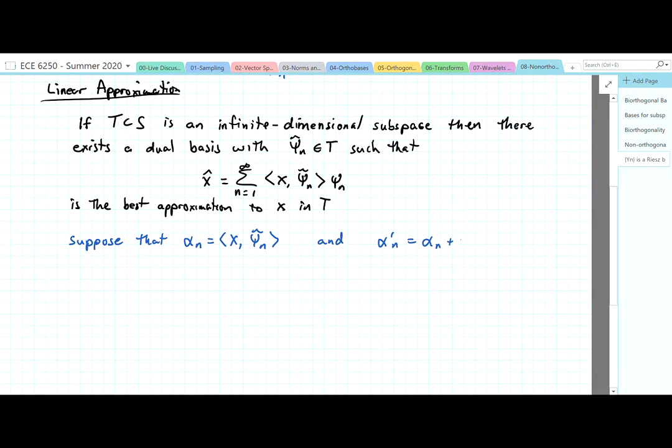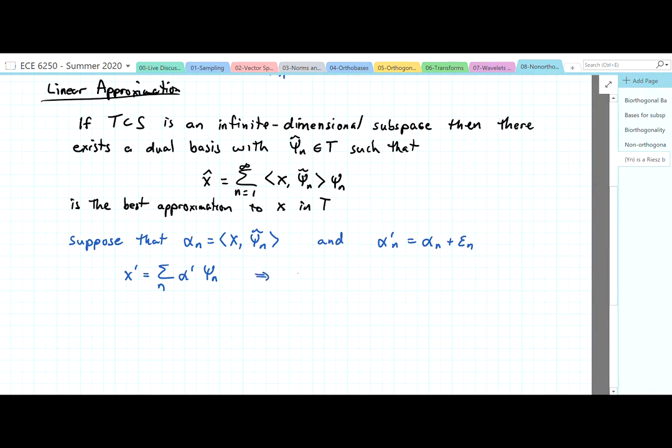Typically this is done with quantization, as if we're doing lossy compression or something like that. Then when we reconstruct our sequence, alpha prime of n times psi of n, obviously alpha, I said tilde, I meant prime. Alpha prime, x prime is not going to equal x.